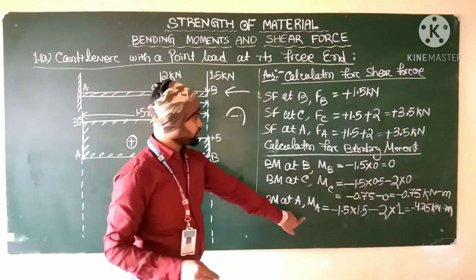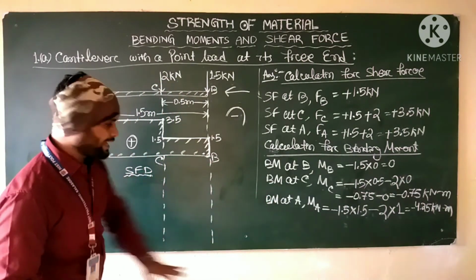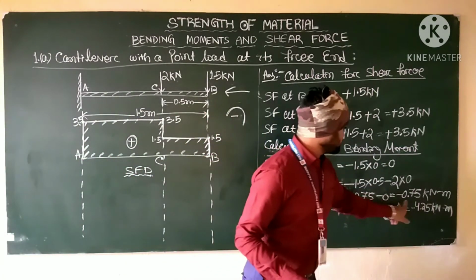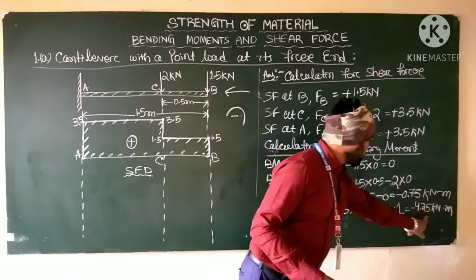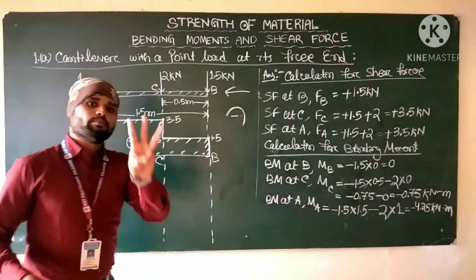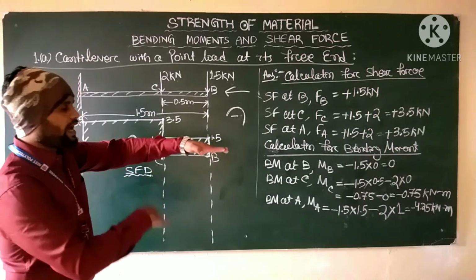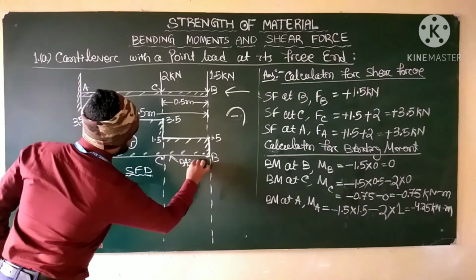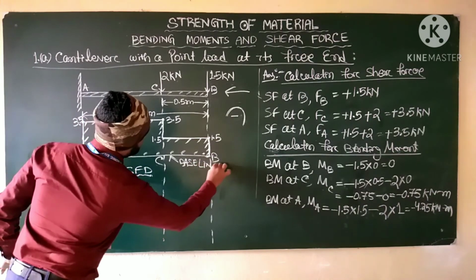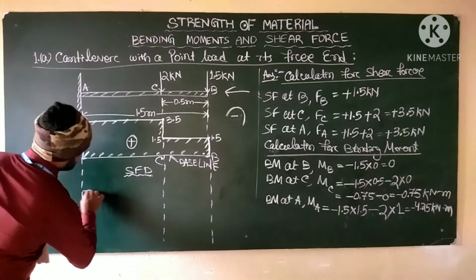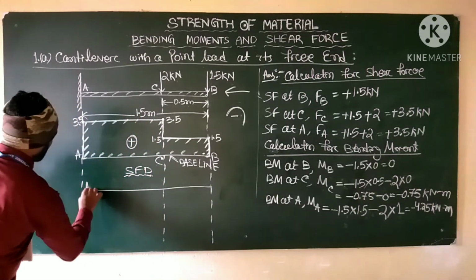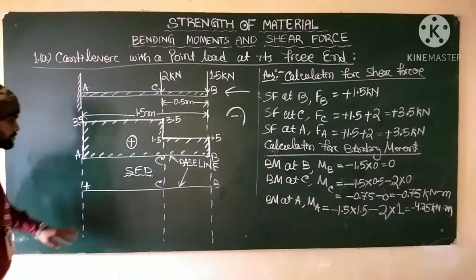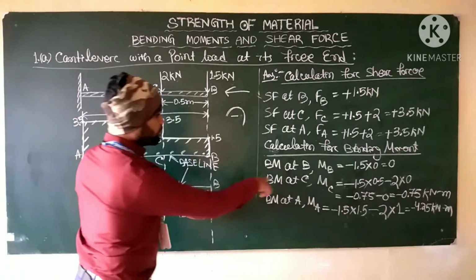So after the calculation of bending moment, we will draw the bending moment diagram. Here you will see at point B it is 0, at point C minus 0.75, at point A minus 4.25. So all three values are minus, and minus means below the baseline. This is the baseline, with A, C and B. At point B, what is the bending moment? 0.